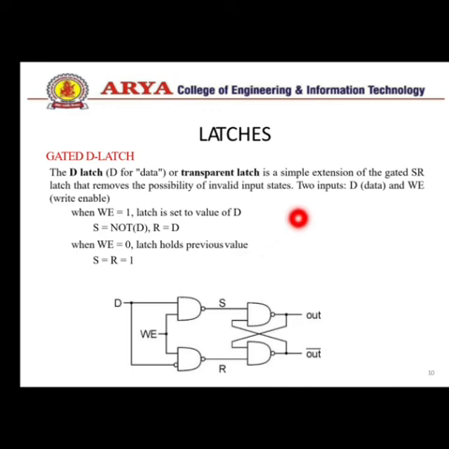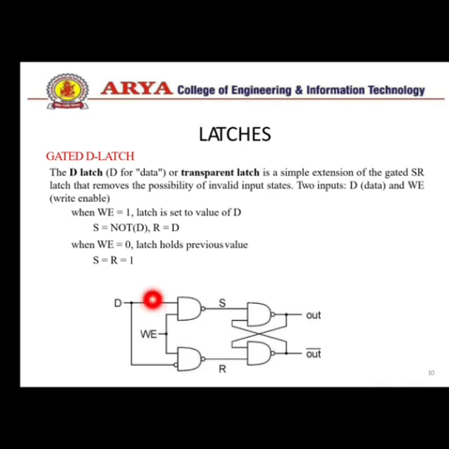Briefly, there are two inputs, D and the enable. This is the SR latch, and this is the D latch we use in this circuit, and W is the enable signal that makes the circuit level sensitive.